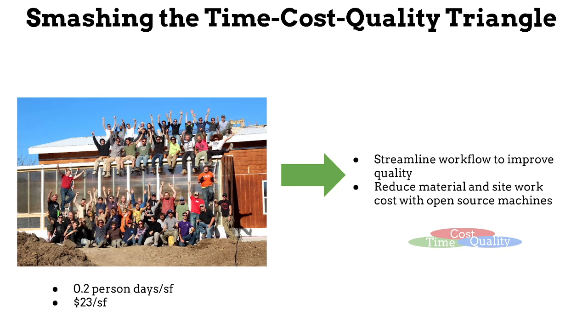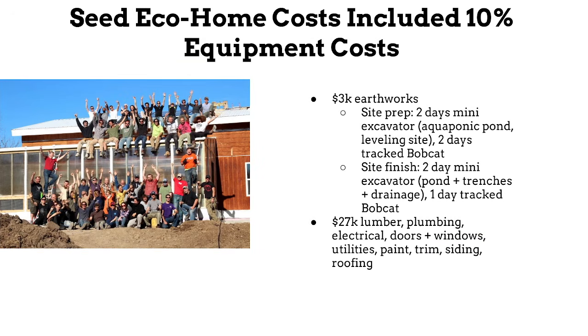So you can get an assist from technology to help you build at high quality. And the cost, if you have access to machines that produce your materials, that is amazing.